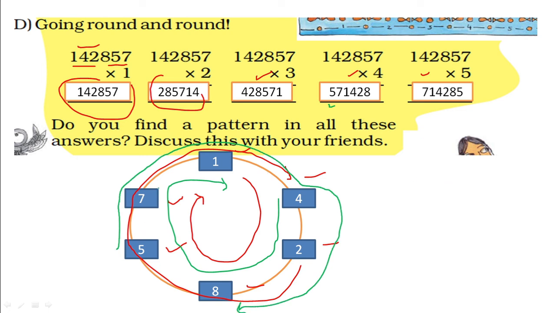Now next answer is from 7, 7 1 4 2 8 5. So all the answers lie with the same digits, moving in clockwise direction.